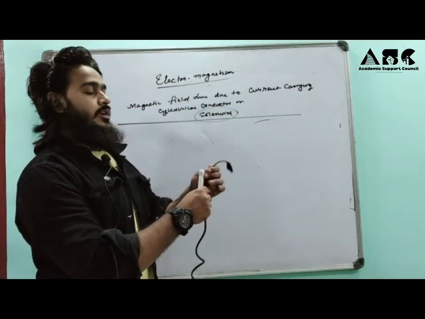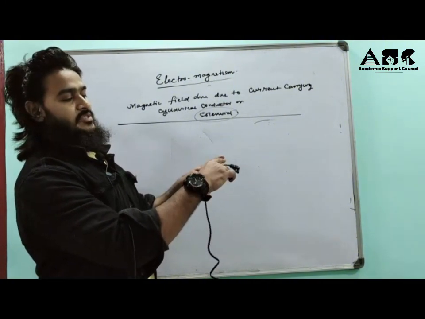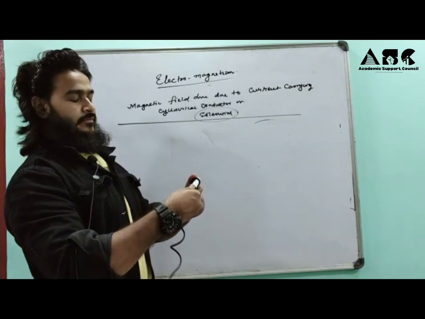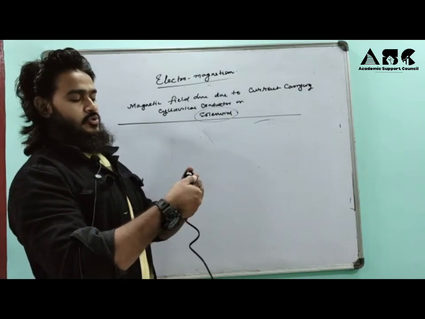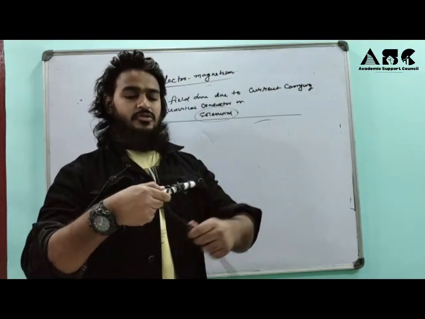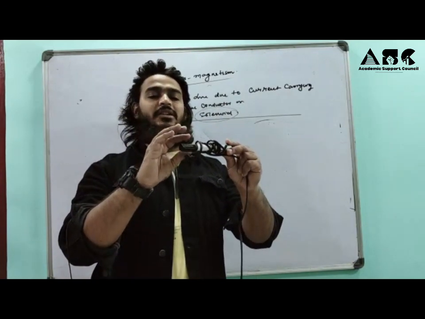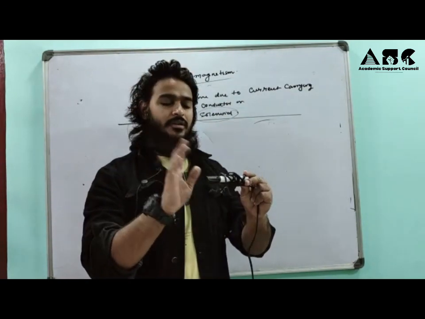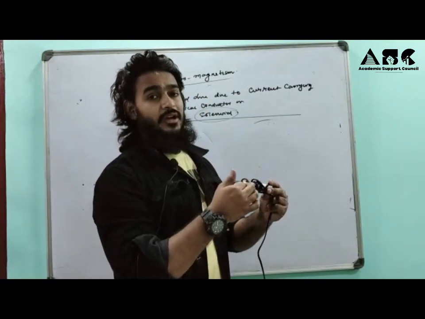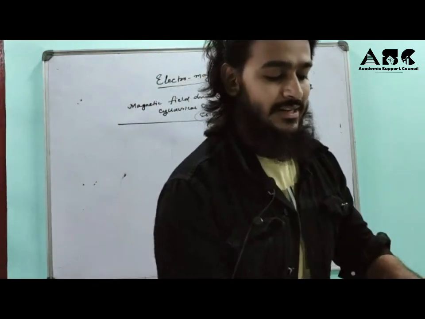If you wrap this wire around this plastic cylindrical piece properly, then this will be called a solenoid. And remember one more point: its diameter will always be less than the length of the piece. So this one will be considered as a solenoid.